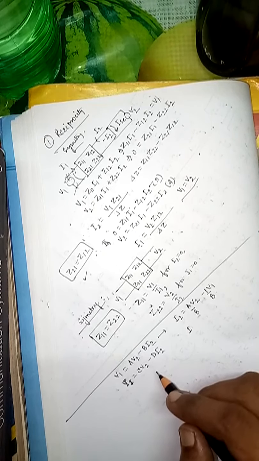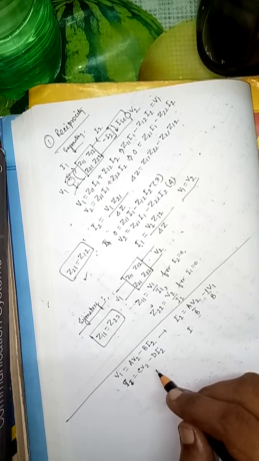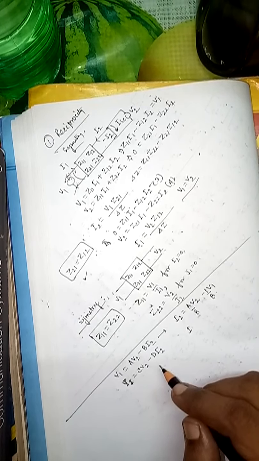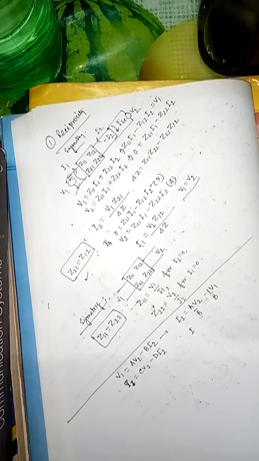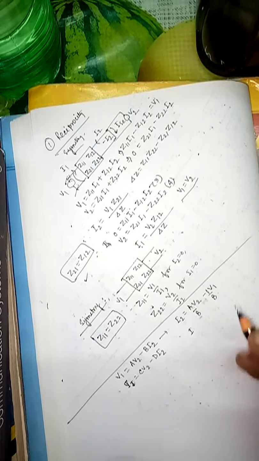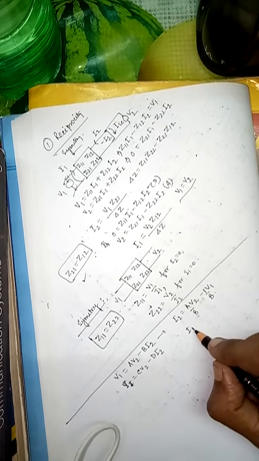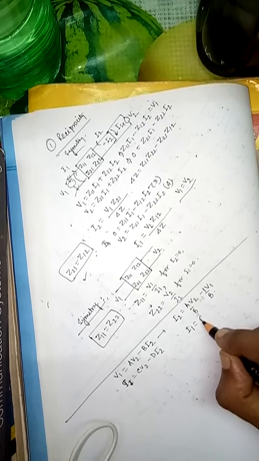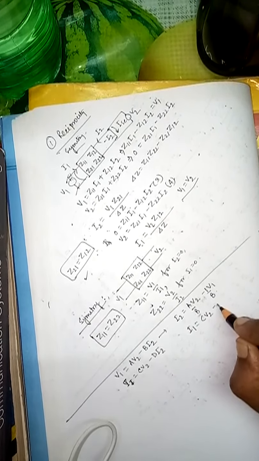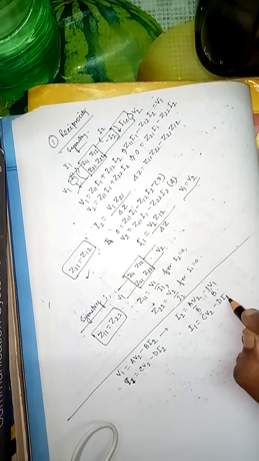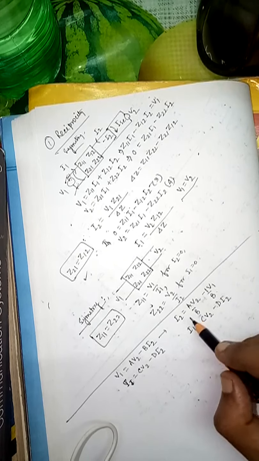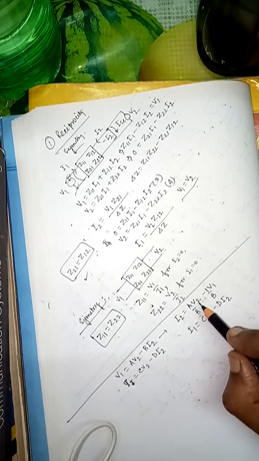So that is a form of Z again. Yeah, that can be done in this way, that is I1. So I1 equals CV2 minus D of I2. Now here it is the form of I2 equals the form of V2 V1.